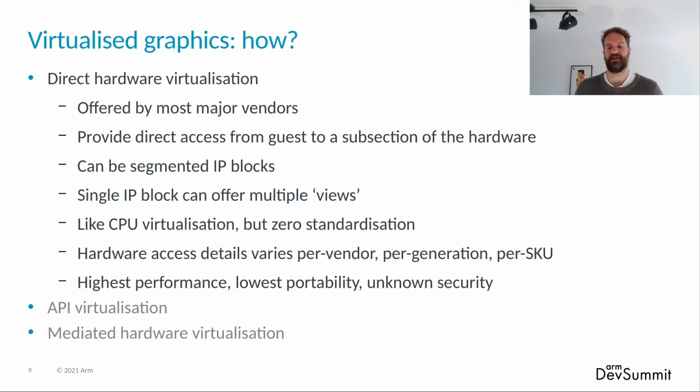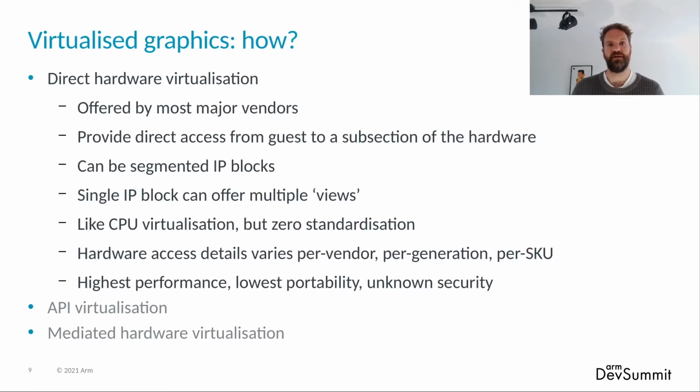So if we look at direct virtualization, this is something that most vendors will offer you. There will be a way for a guest to directly access some subsection of the hardware, be it a separate IP block or a partition within the same IP block with its own isolated context. In this sense, it's very similar to how we virtualize CPU time at the moment, other than there's no hardware standard for this.